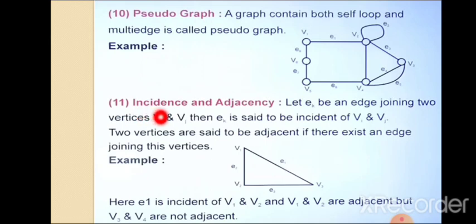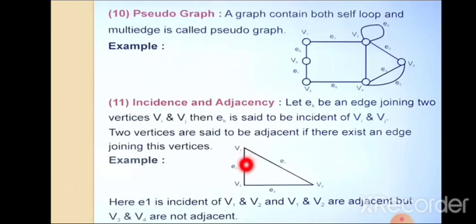Next is incidence and adjacency. Let Ek be an edge joining two vertices Vi and Vj, then Ek is said to be incident on Vi and Vj. Two vertices are said to be adjacent if there exists an edge joining them. For example, let's take V1 and V2 as the two vertices and E2 as the edge connecting them.